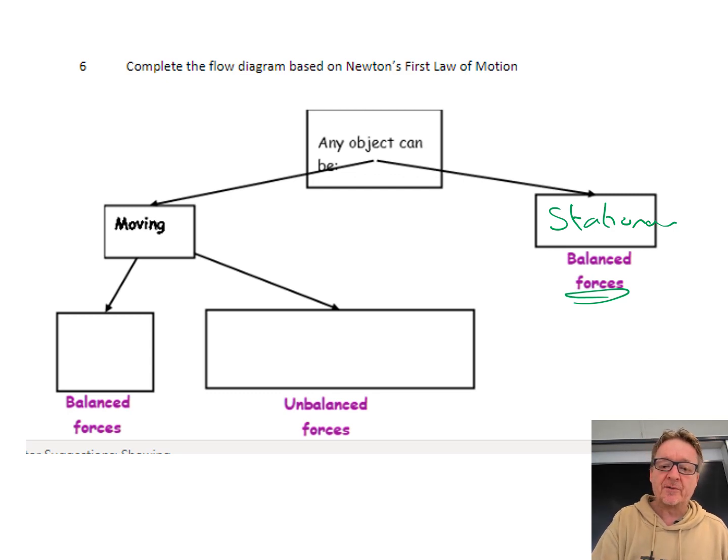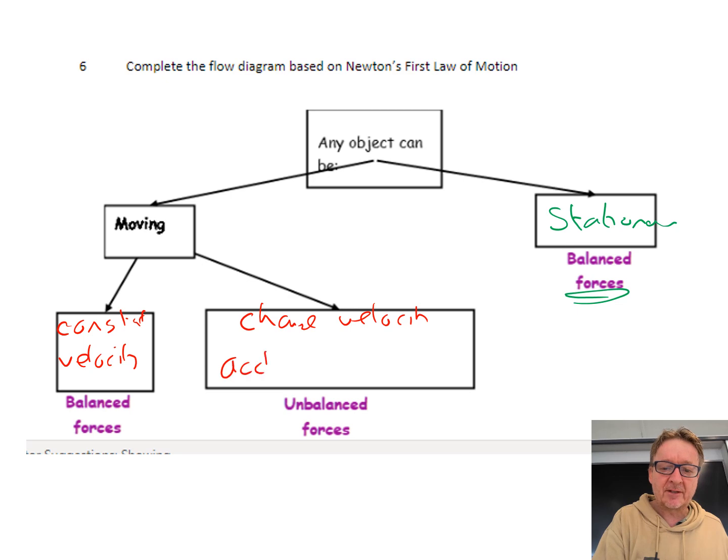If the object is moving, travelling at a certain speed, and the forces are balanced, then it will be going at a constant velocity. And if the forces are unbalanced, it will change velocity, which means it will either accelerate or decelerate, depending on the forces.